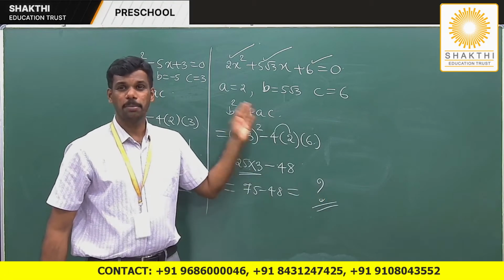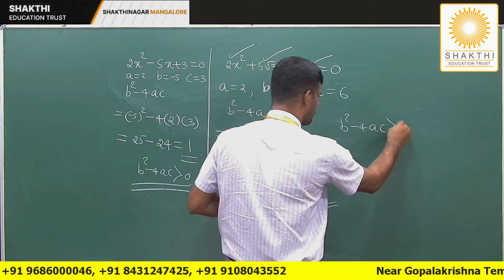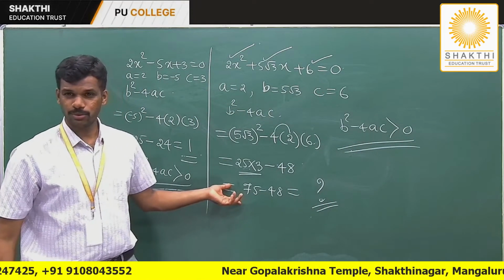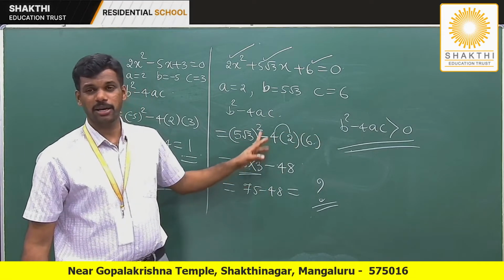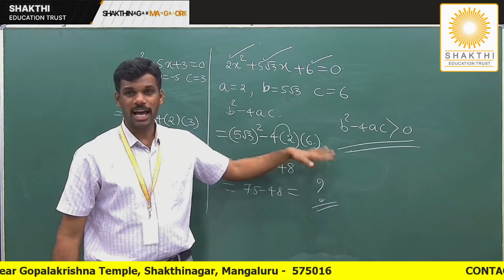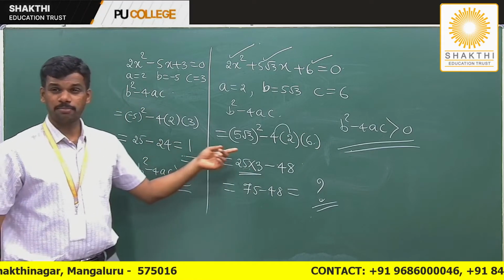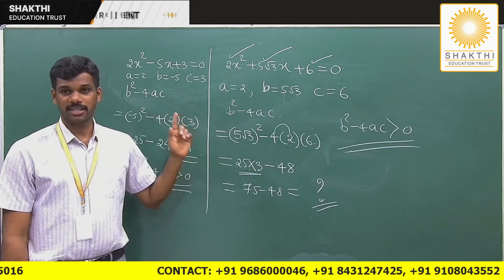That means b square minus 4ac is once again greater than 0. Is it clear? It is greater than 0. So I say b square minus 4ac is greater than 0. And then I say the roots which are present in these two cases should be real numbers, but they are unequal.